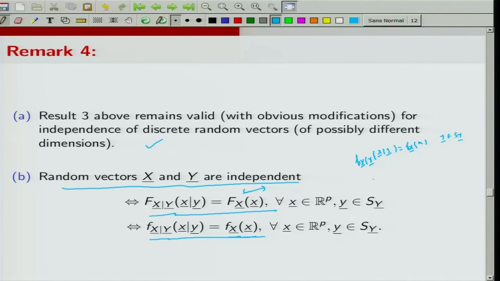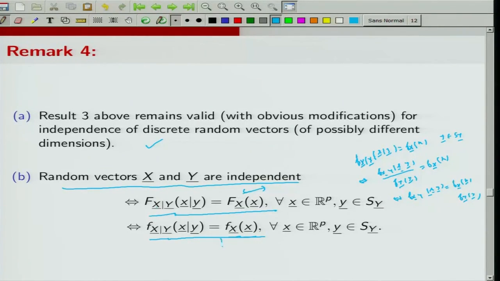This probability mass function is defined, and fXY(x, y) divided by fY(y) is the same as fX(x), which means fXY(x, y) is the same as fX(x) times fY(y).